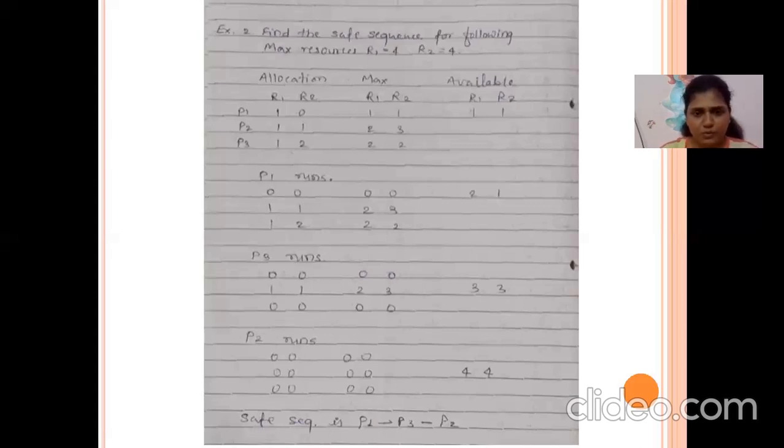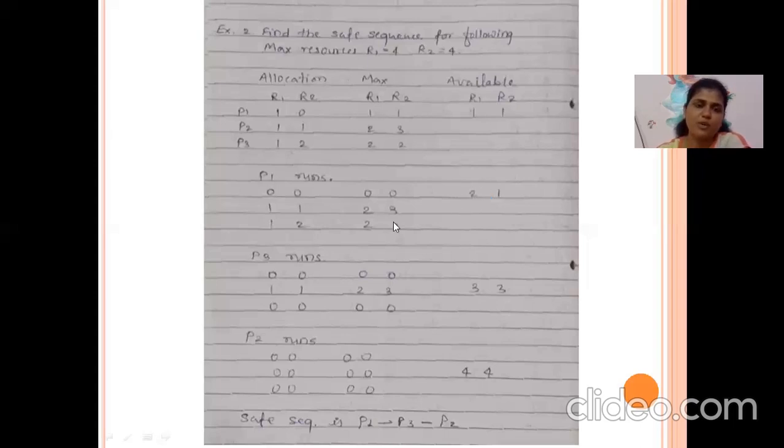So we will check whether P3 can execute. For P3, it needs a maximum of 2, 2 resources of R1 and R2 type and it has 1, 2 resources. That means it requires 1 more resource of R1 type and it is there in the available matrix. For R2, it is not requiring any resource. So only 1 resource of R1 type is needed and it is there in the available matrix.